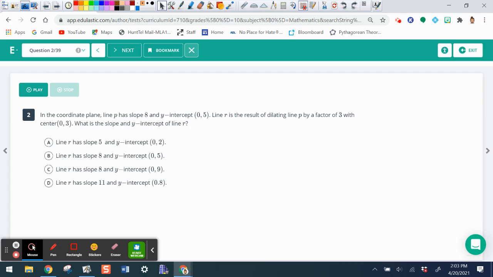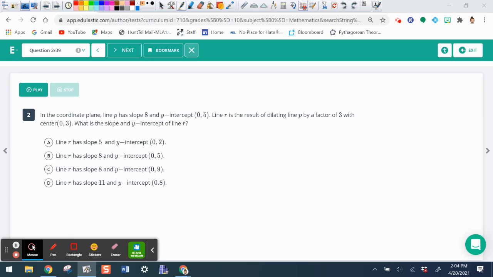Number two says in the coordinate plane, line P has a slope of 8 and a y-intercept of (0, 5). Line R is the result of dilating line P by a scale factor of 3 with center (0, 3). What is the slope and y-intercept of line R? One of the interesting things is that when we dilate a shape in geometry, it does not turn, rotate, or reflect that shape.